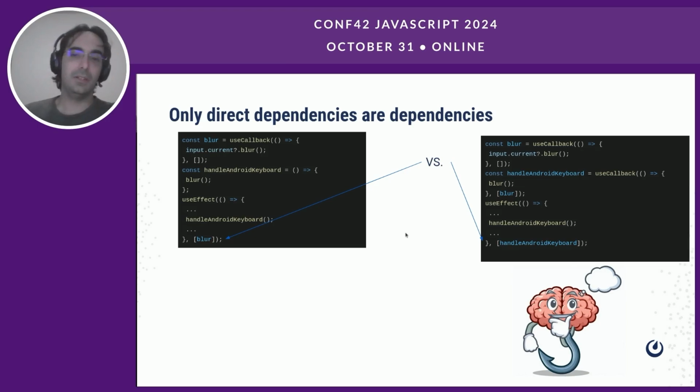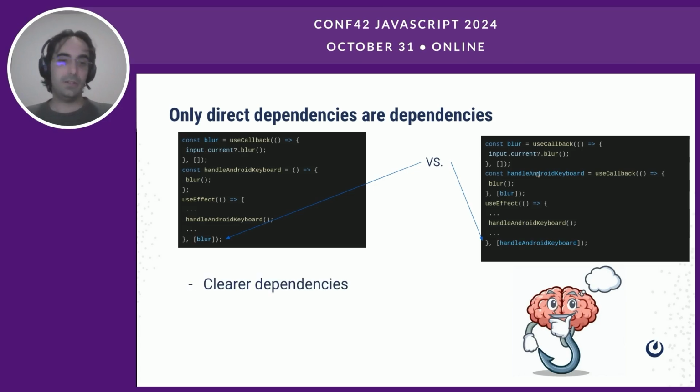Just do this. What does the useEffect depend on? On handleUnderKeyboard. If handleUnderKeyboard has to become a callback, use the useCallback, put it there, and depend on what it depends on. And that's it. Why? Because that way the dependencies are clear. Now, if you come back in 3 months and you are depending on something that is not in the function, you won't remove it by thinking, hey, this is not really used, so this shouldn't be here.